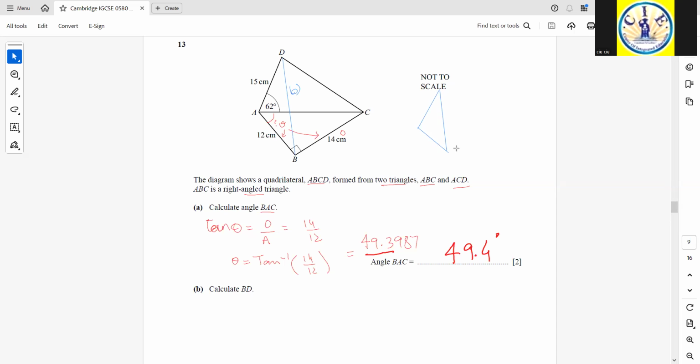So the dimensions are 15, 12, and this is the unknown side, and this angle is the sum of 62 and 49.4 degrees. So we can use the cosine rule, that is a squared equals b squared plus c squared minus 2bc times cos of the angle A. So let's substitute these values.